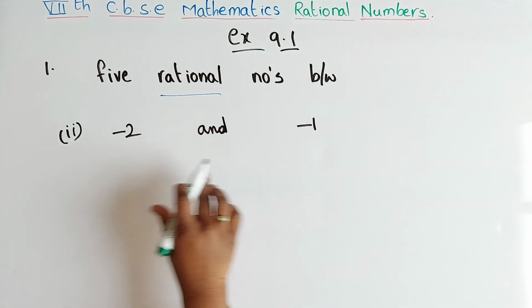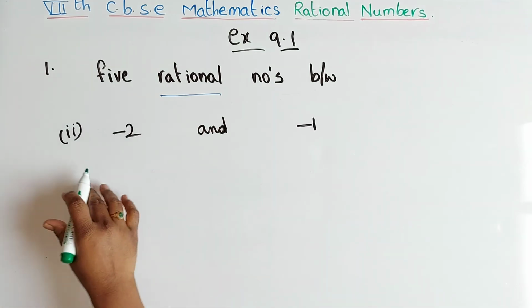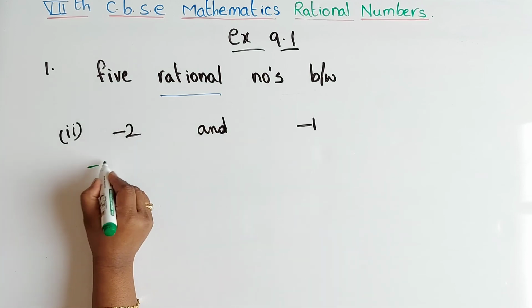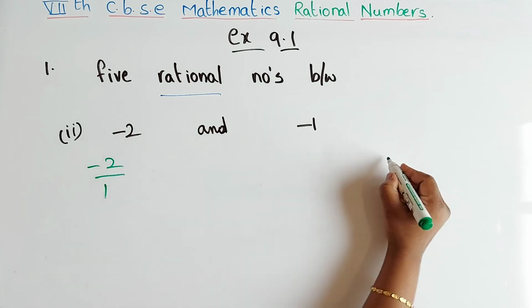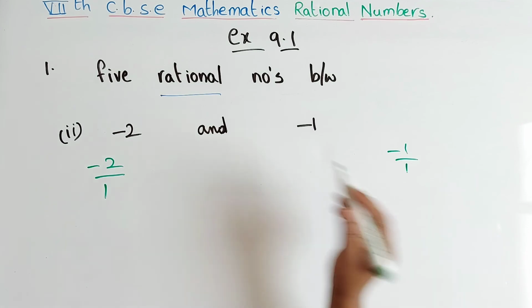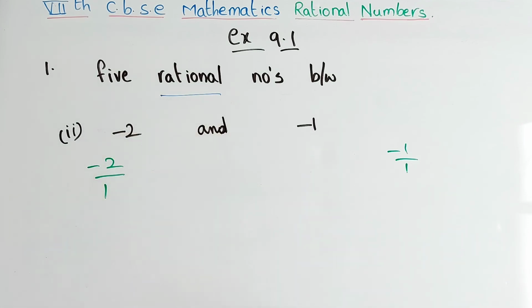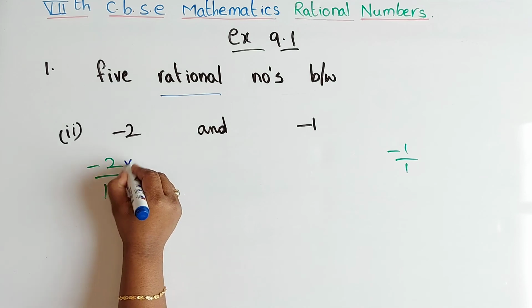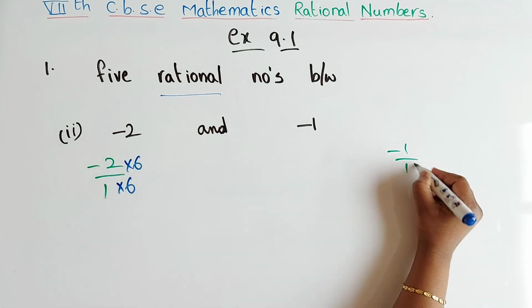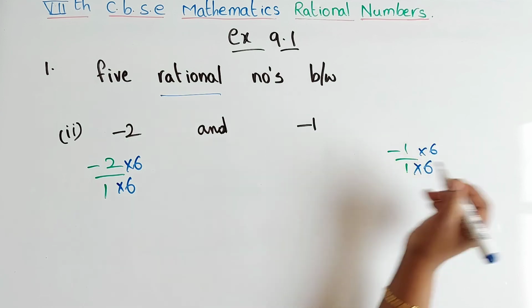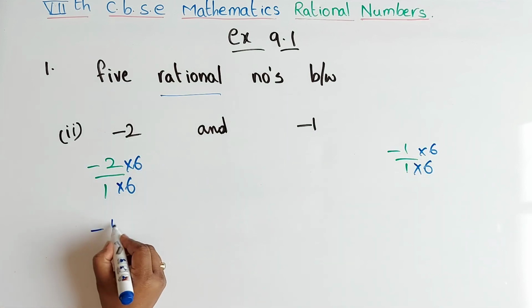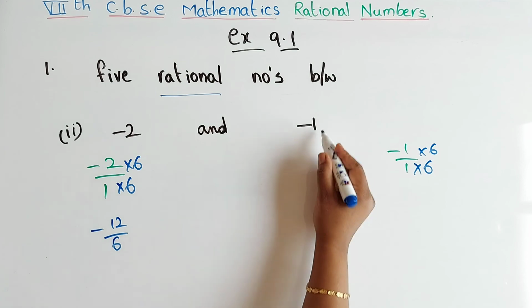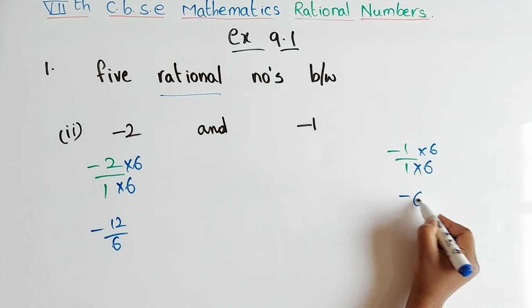Second one, minus 2 and minus 1, children. Let's write in the form of P by Q first, that is minus 2 by 1 here and minus 1 by 1 here. We want 5 rational numbers in between. Let's multiply these rational numbers with 6, in denominator and numerator here also. Now minus 2 became minus 12 by 6 and minus 1 became minus 6 by 6.